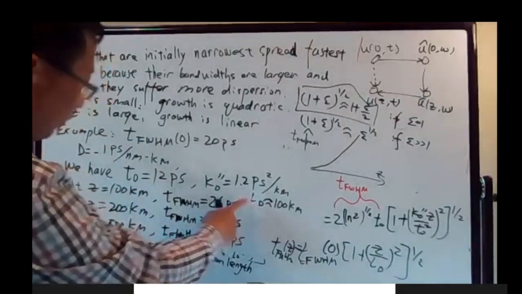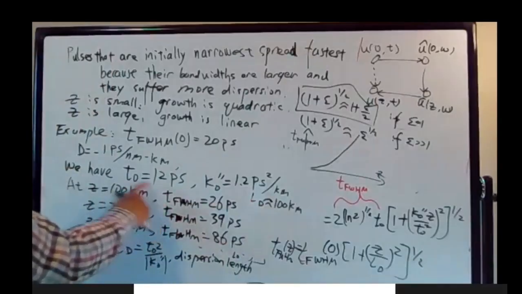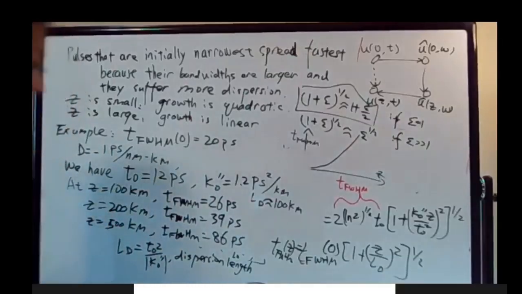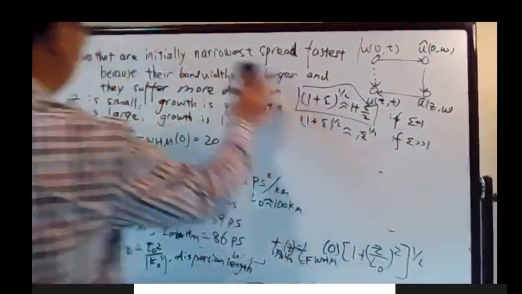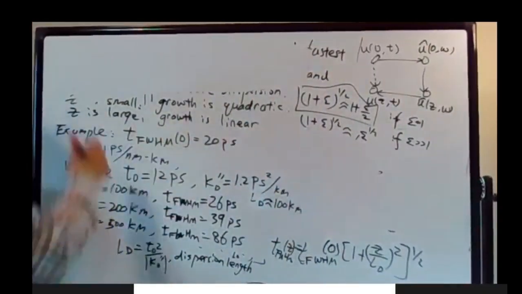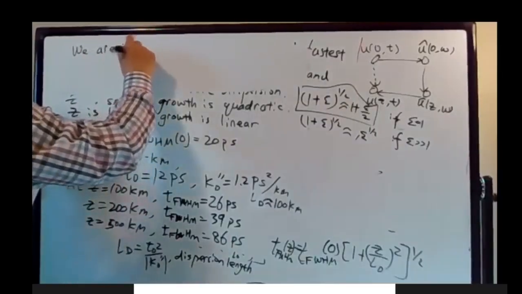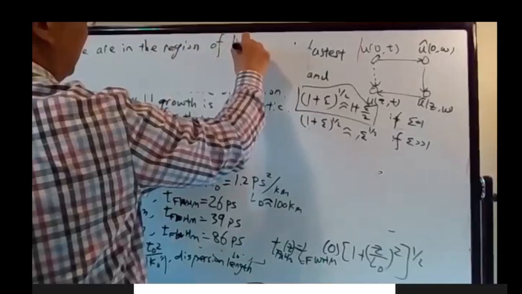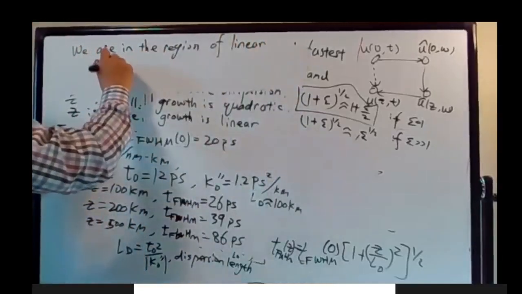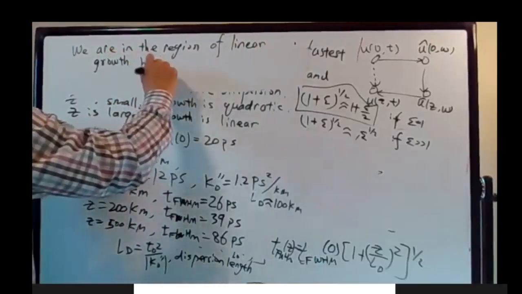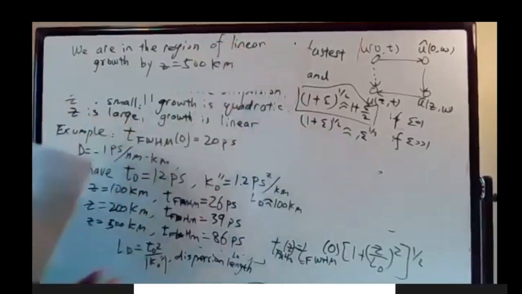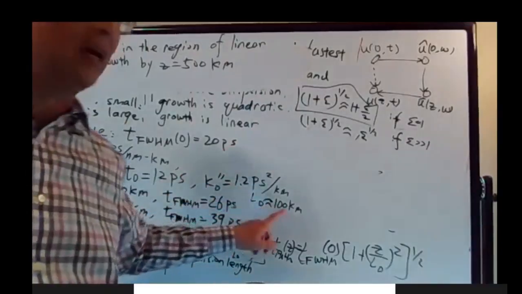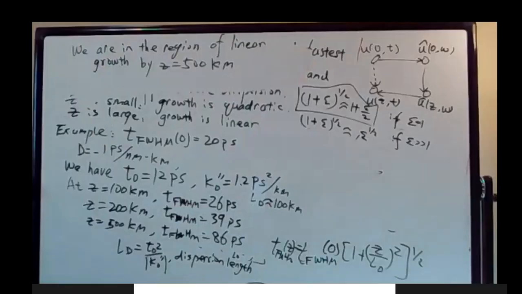So at this region, it is still kind of quadratic, but once we are above 500, so let me write it down, we are in the region of linear growth by z equal to 500 kilometer, because this z at 500 kilometer is way bigger than the dispersion length of 100 kilometer.